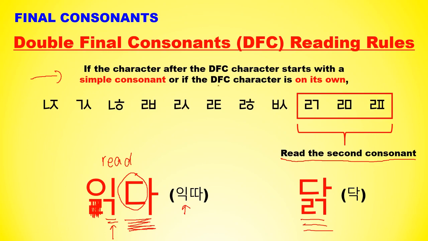Once again, since this DFC character is on its own, all I need to do is to read the character while reading only the second final consonant, which is this consonant over here, ignoring the consonant on the left. So therefore, it is pronounced as tak. In fact, this word means hen.